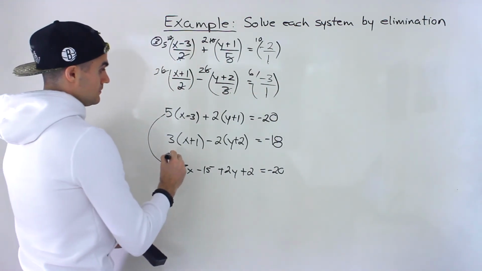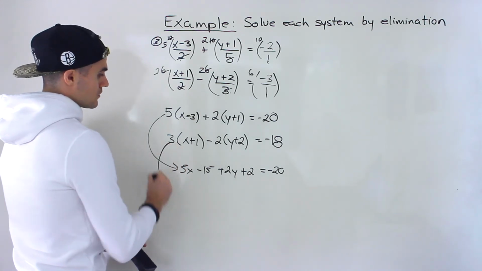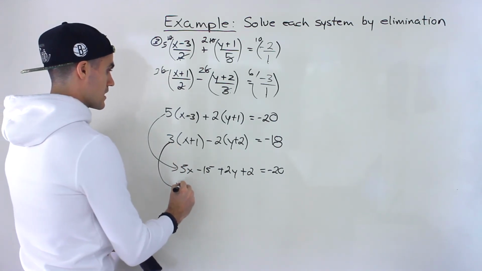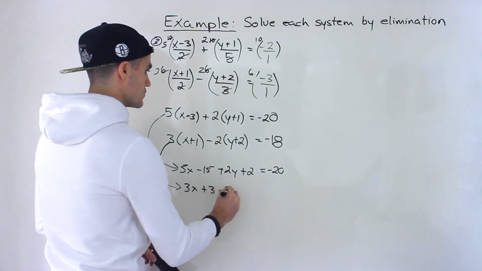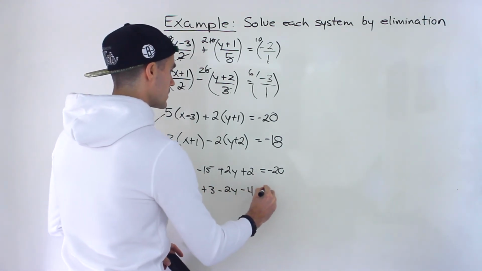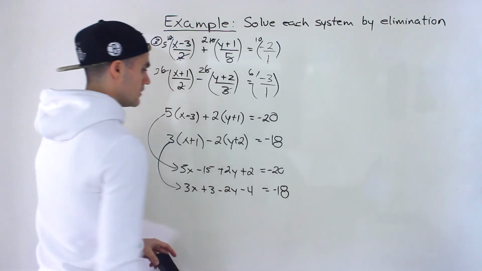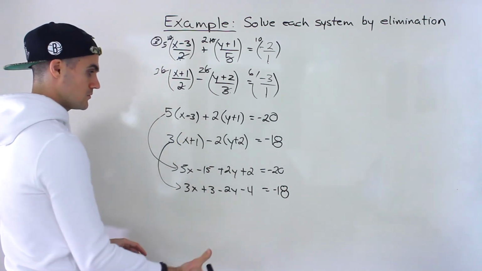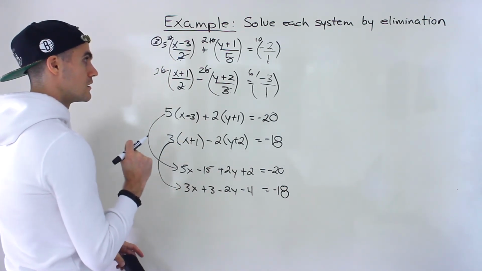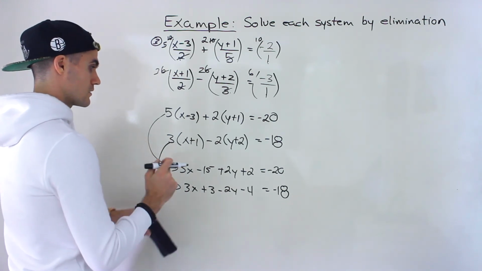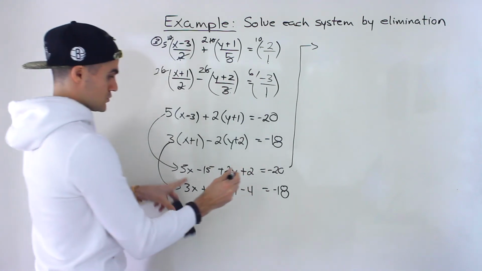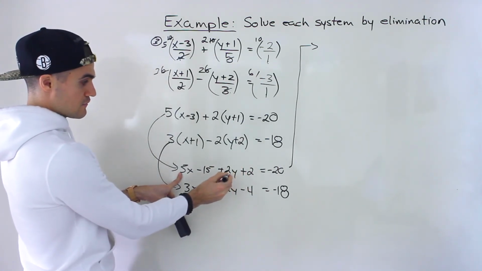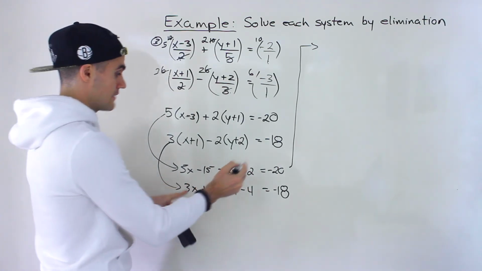So from here, we have to simplify this second equation. So we'll have 3x plus 3 minus 2y minus 4 equals negative 18, right? When we distribute everything, yeah, everything's all good. So what I'm going to do now is collect all the like terms. In this first equation, I'm going to keep the 5x and the 2y on the left side.